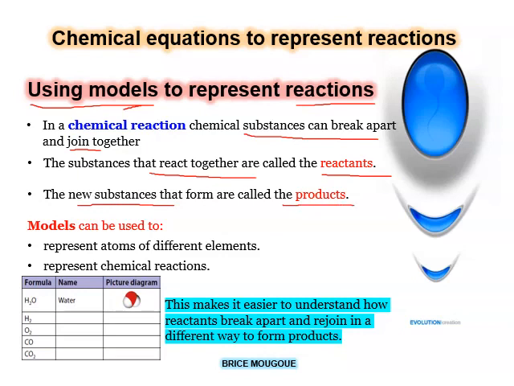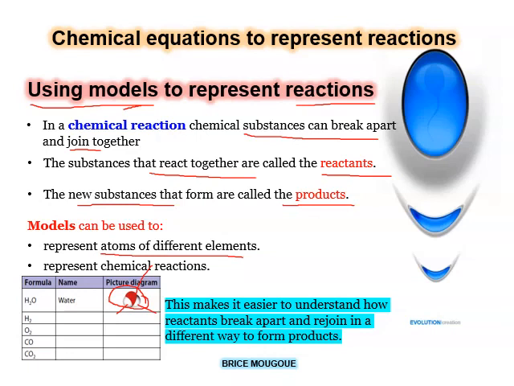So we could then use models to represent the atoms of the different elements, just like we saw with the model of water earlier, where we had the white atoms that represent hydrogen and the red one that represents oxygen.